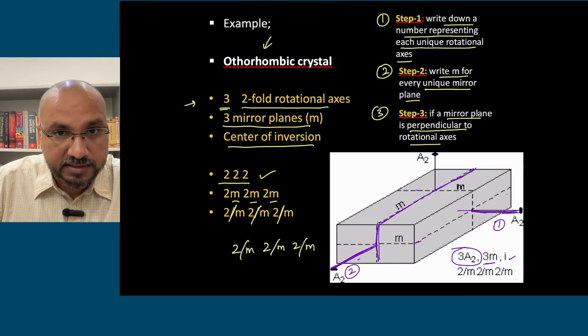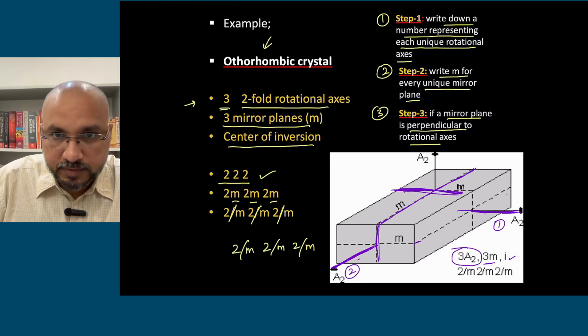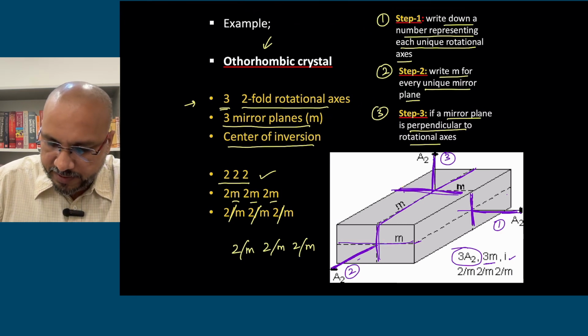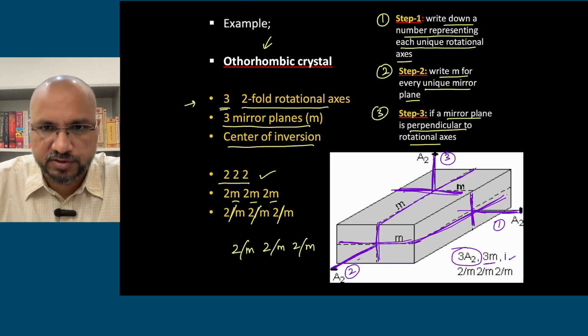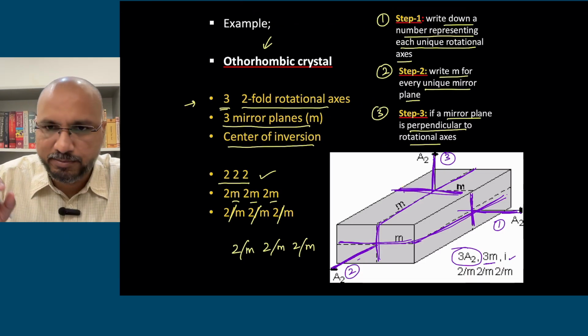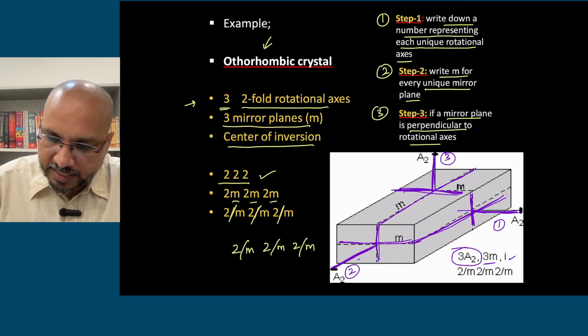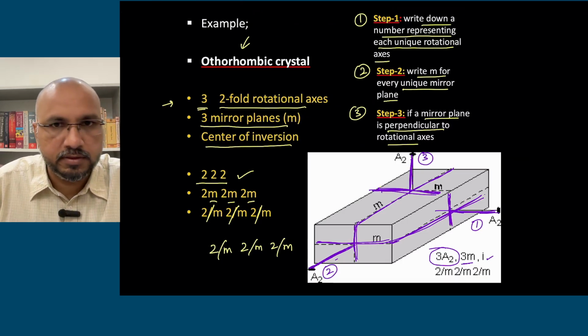For this two-fold rotational axis, this mirror plane is perpendicular. And for this third unique two-fold rotational axis, this horizontal mirror plane is perpendicular. So there are three mirror planes which are all perpendicular to the unique two-fold rotation axes. So you'll write 2/m 2/m 2/m. So that is how you write down the notation for this orthorhombic crystal.